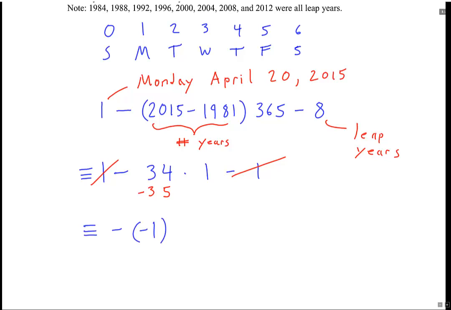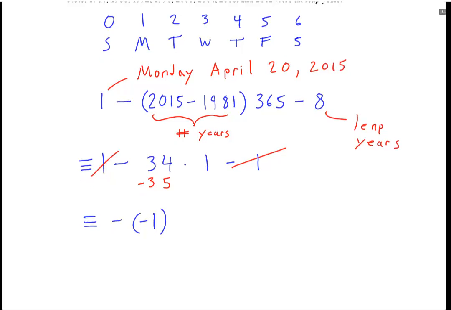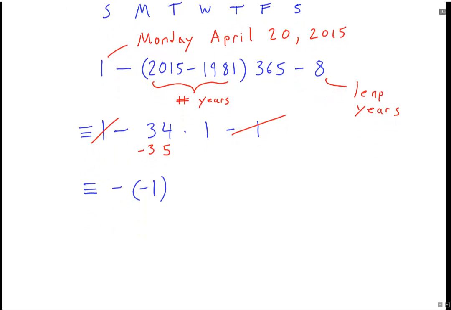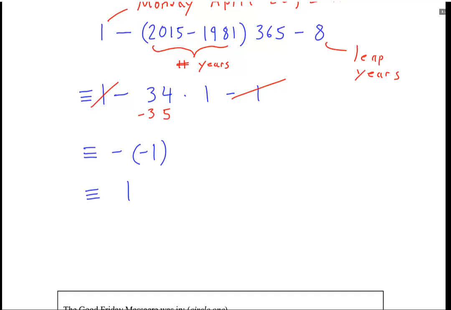So we have minus a minus 1. So in total we get 1. So this means that in 1981, April 20th was also a Monday. Let's write that down. April 20th, 1981 was a Monday.